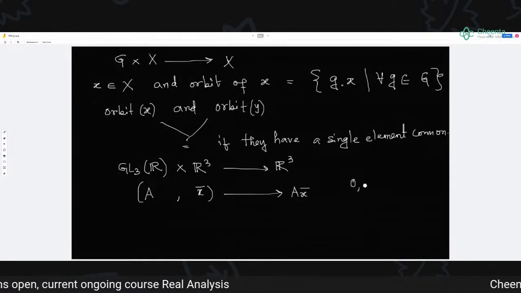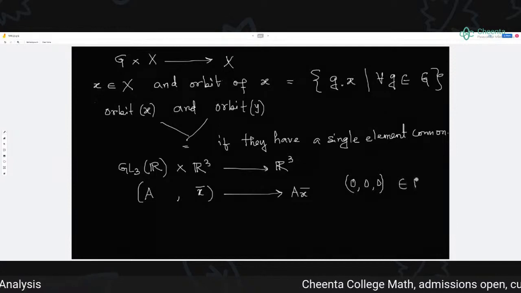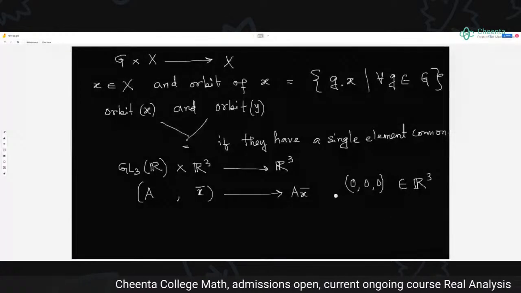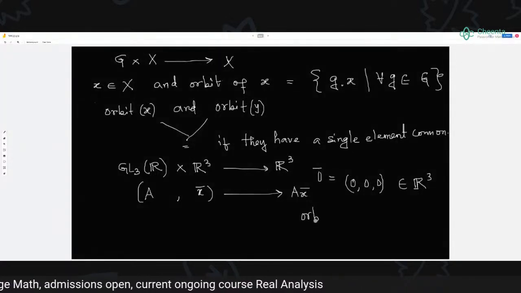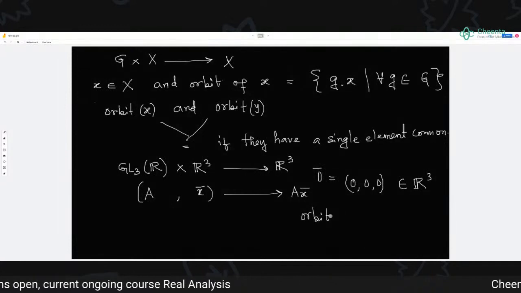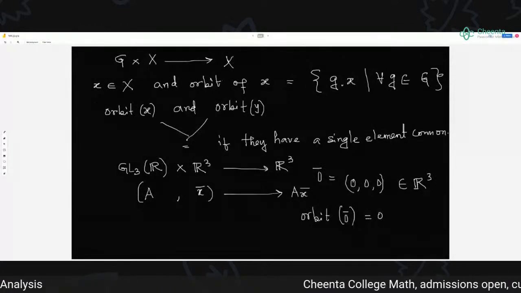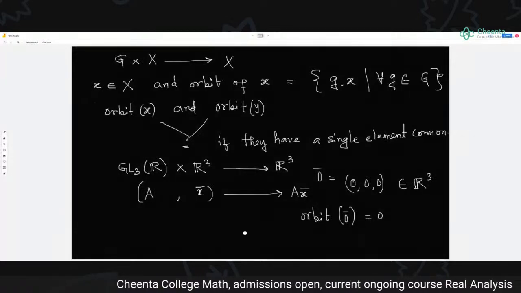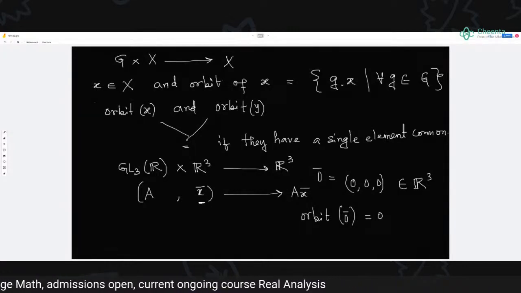If you take the point 0 bar in R3, what is its orbit? It's quite trivial. The orbit of 0 bar is just 0, because A dot 0 is 0. Now, no other non-zero x bar in R3 will fall into the orbit of 0 bar.